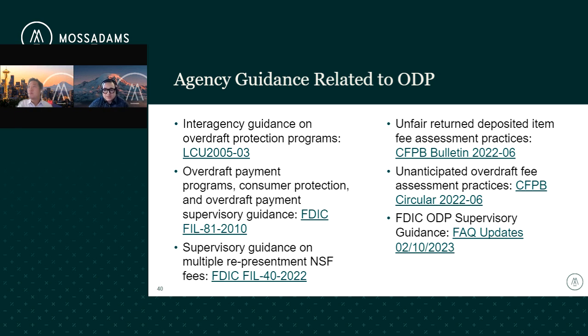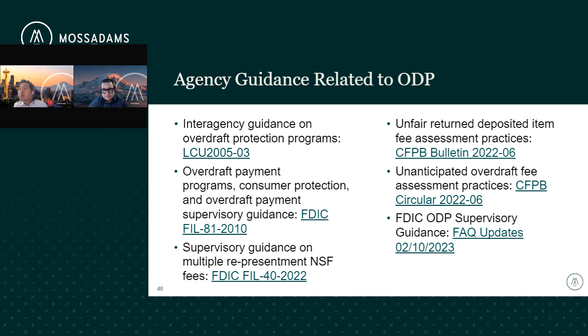However, the agencies as a whole, from the CFPB to the NCUA, continue to remain hyper-focused on consumer fees, what the CFPB refers to as quote-unquote junk fees, or fees which may result in potential UDAP, or unfair, deceptive, or abusive acts and practices concerns.